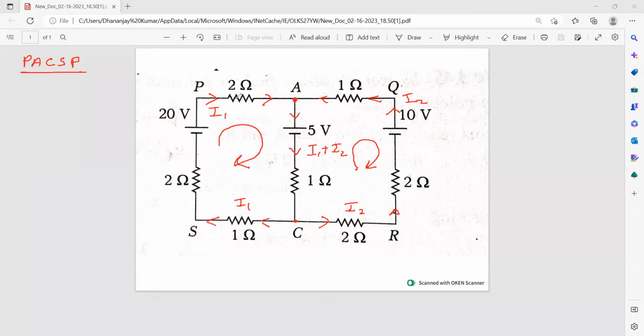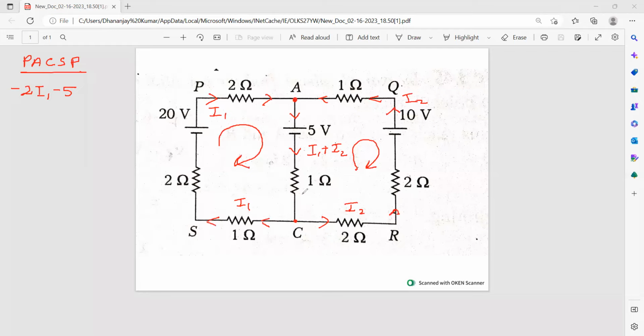Now in this loop, from P to A, I1 current is going, there is a drop in voltage, so I will write it as -2 I1. From A to C, there is a 5-volt battery. We are moving from the positive to the negative terminal, so again a drop in voltage, -5 volt.